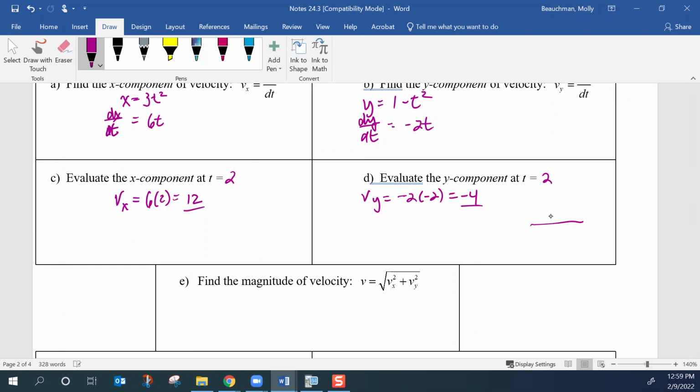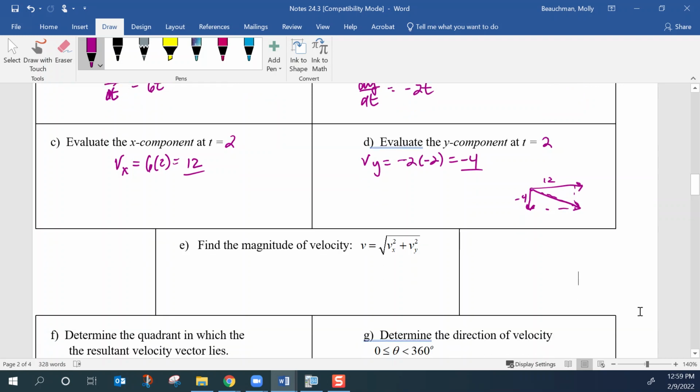If your x is 12 and your y is negative 4, the resultant vector is the diagonal of that rectangle. Okay? The formula comes from the Pythagorean theorem.